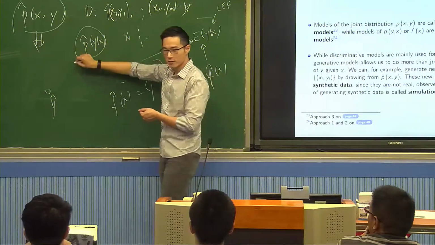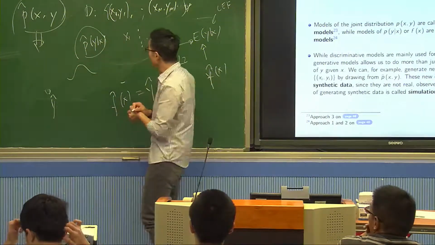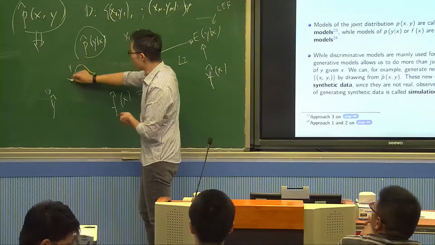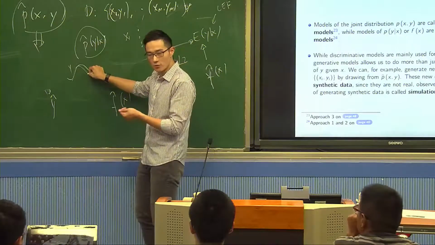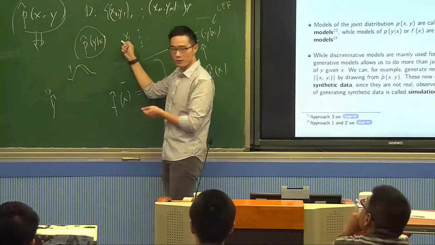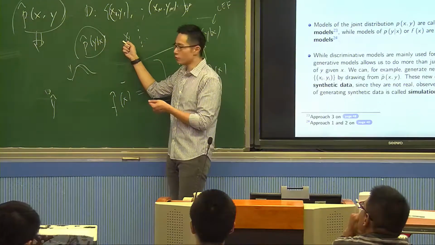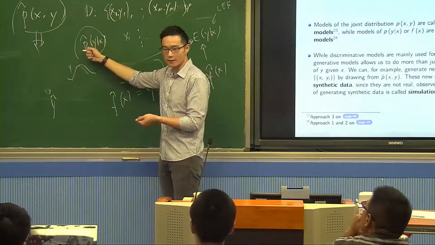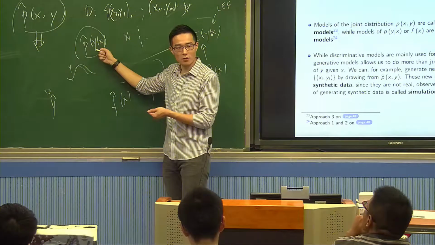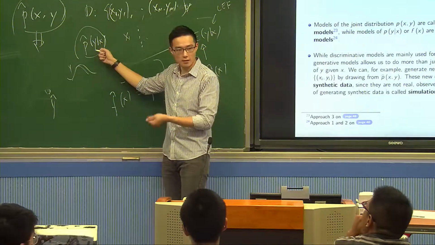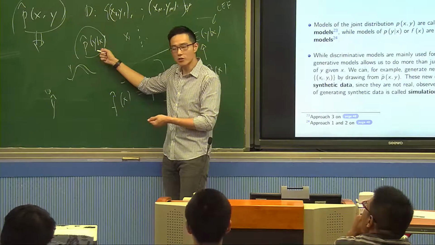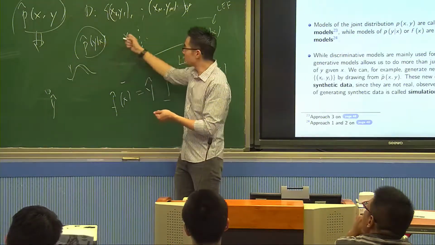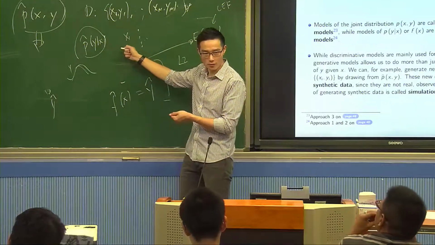So given the value of x1, you can always draw new y values from this distribution. What you cannot do is generate new x values as well, because you do not know the distribution of x. You only know the distribution of y conditional on x. You do not know how x and y jointly, what their probability is. So you can only generate new y values, keeping the original x values, conditional on the original x values.